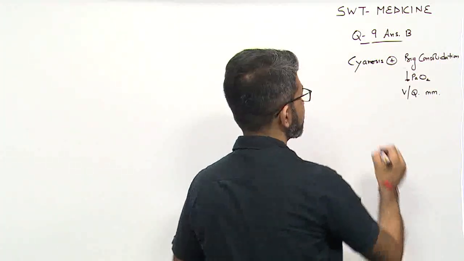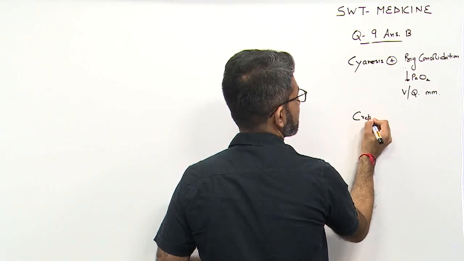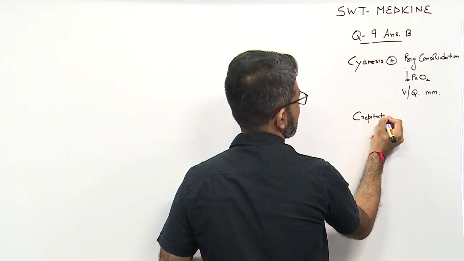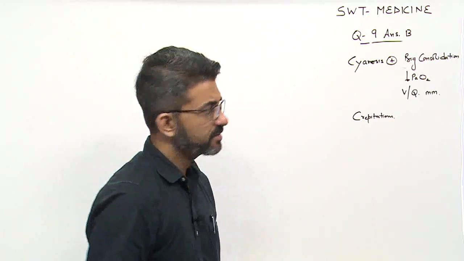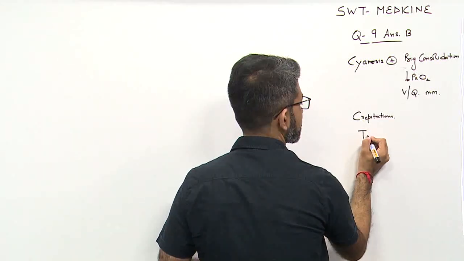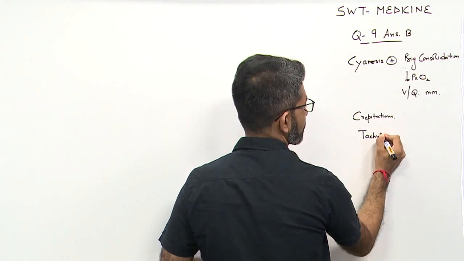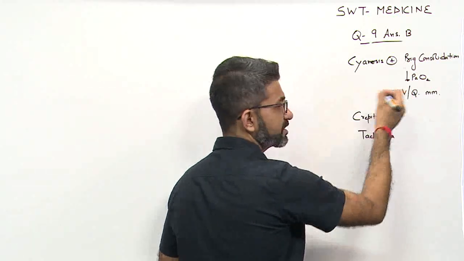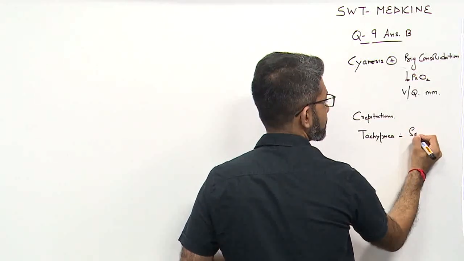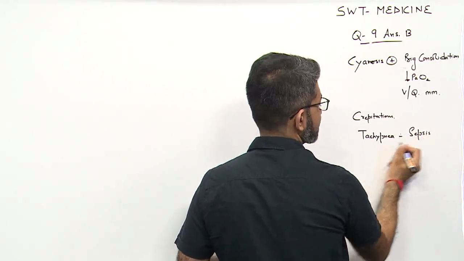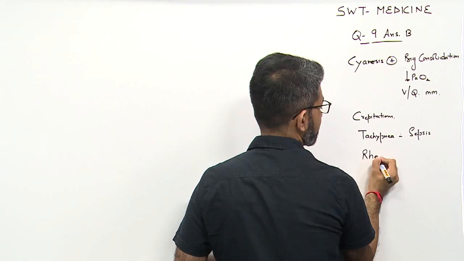You may have crepitations, which are signs of consolidation. You can have tachypnea, which is a compensatory respiratory effort and also a sign of sepsis. Lastly, rhonchi.